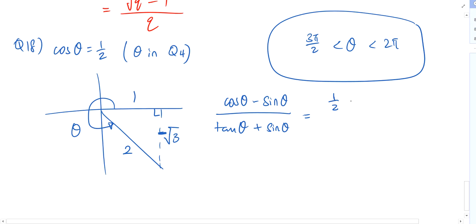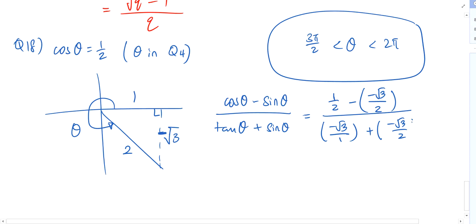Next, I need to minus sine theta. Based on the diagram, what is sine theta equal to? Negative root 3 over 2. So take note of your substitution. Put a bracket to make it clearer. Divided by tangent theta. How much is tangent? Negative root 3 again, plus sine theta. How much is sine theta? Again, like this.